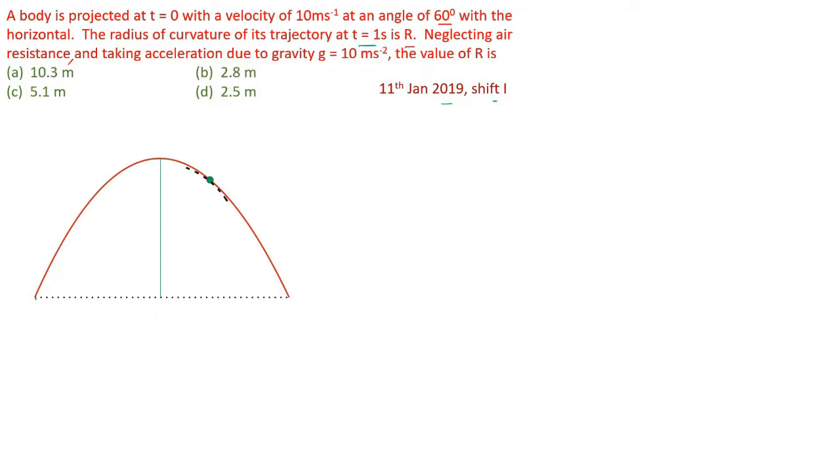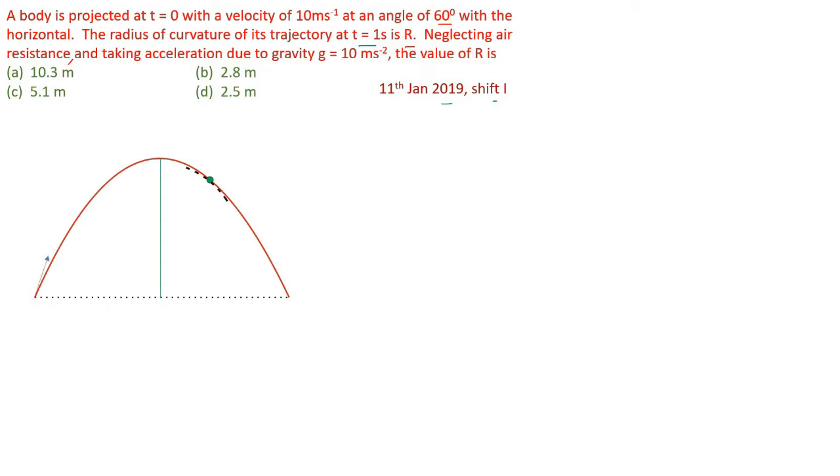The projectile was projected from here and it travels like this. T equal to 0 is the initial instant where the projectile is projected. After t equal to 1 second, the projectile has come here. Our aim is to find the radius of curvature of this path at this point.